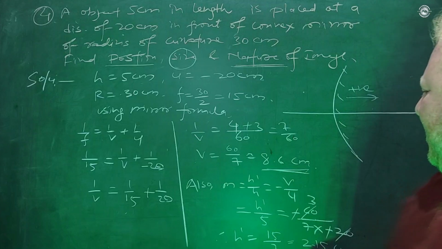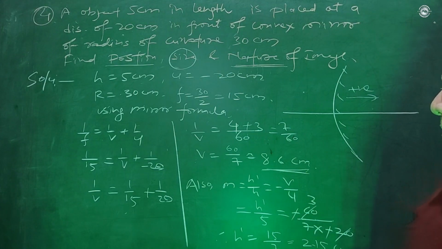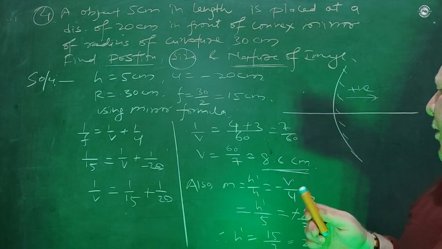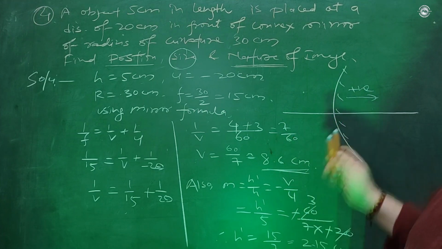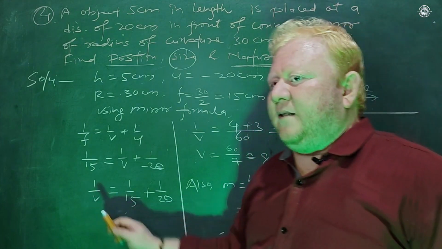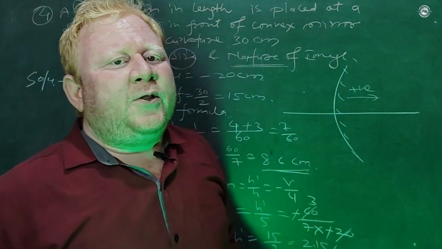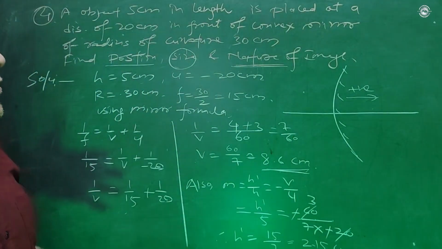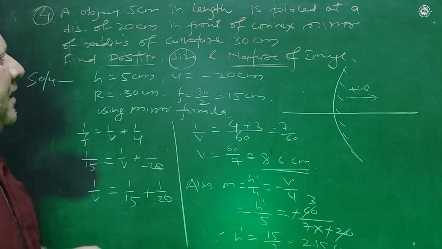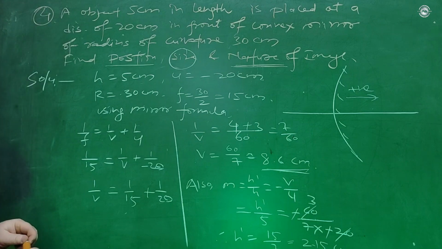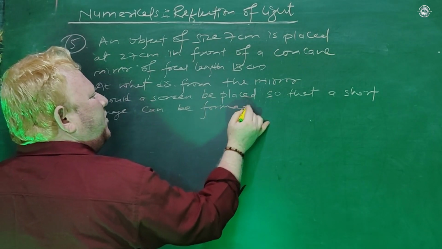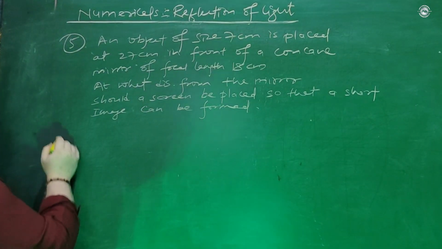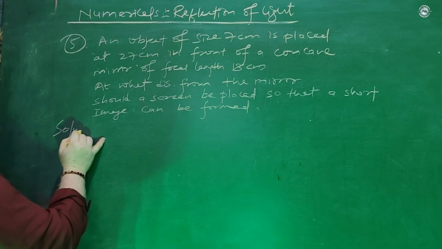Of course, a 2.15 centimeter virtual image, erect and diminished, is formed behind the mirror. This much you need to write here. So this is how you can approach these kinds of numericals. So this is the question.